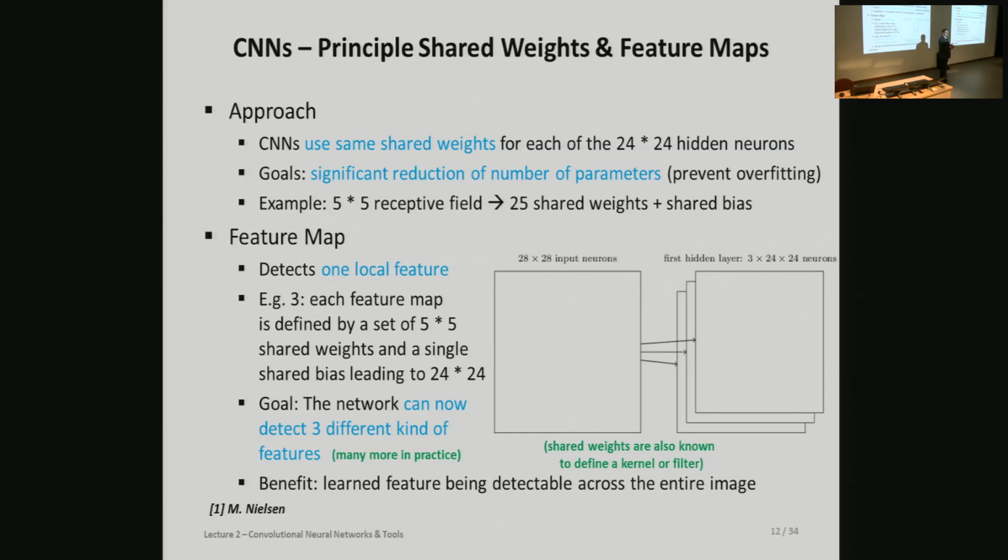So even if an ear or the eyes are in slightly different areas, you detect these across the entire image. But this is only per feature. So in a sense, we reduce significantly from the dense connected to one feature map. But as we create more and more feature maps capturing different features, we of course extend the number of weights again.